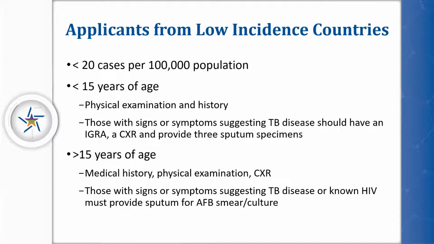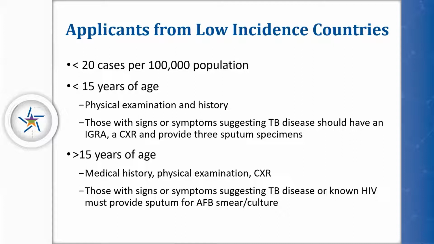Now we're looking at the applicants, and as I told you before, how you screen depends on the incidence of TB in the country. For individuals from what's considered low incidence countries, where there are less than 20 cases of tuberculosis per 100,000 population, individuals who are less than 15 years of age, so children, require only a physical exam and a history.